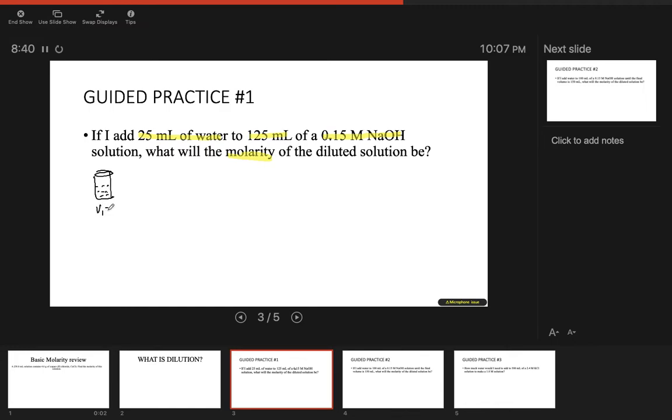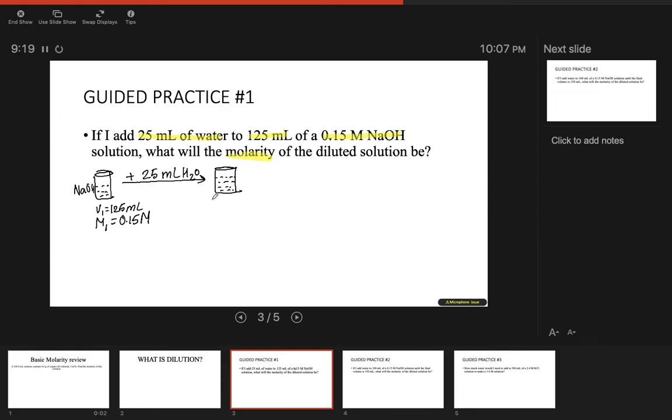Let's say volume 1. Initially I have 125 milliliters of a solution of NaOH, sodium hydroxide, which has a concentration of 0.15 molarity. What they're saying is I will have to add 25 milliliters of water in there. Obviously after you add water, the volume is going to increase, right?